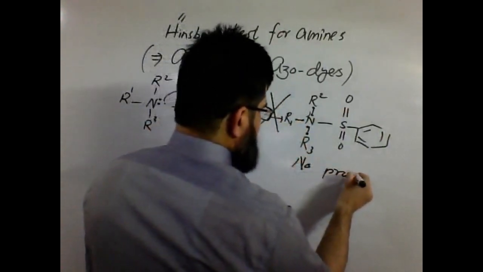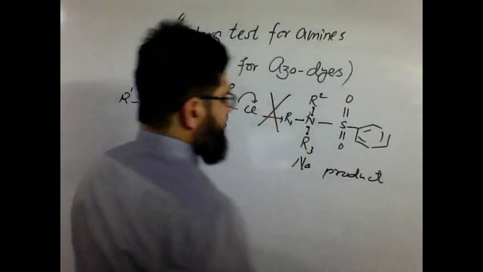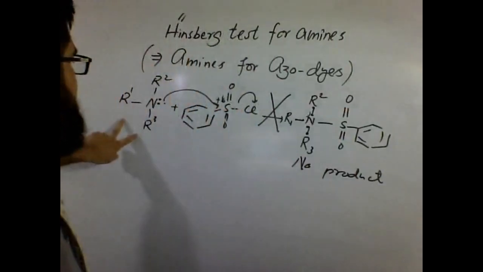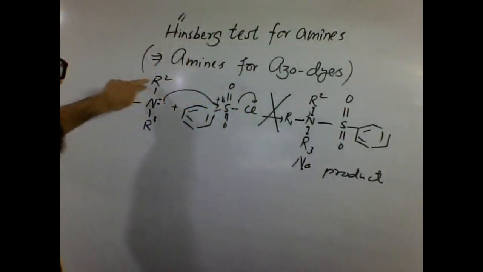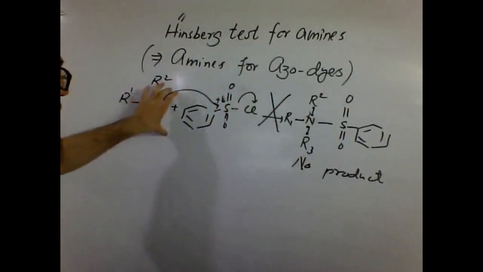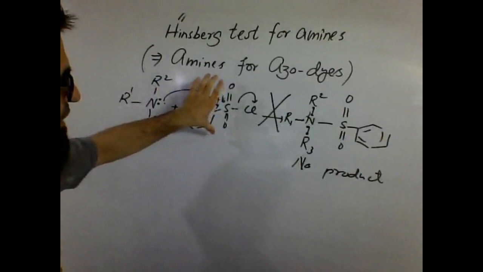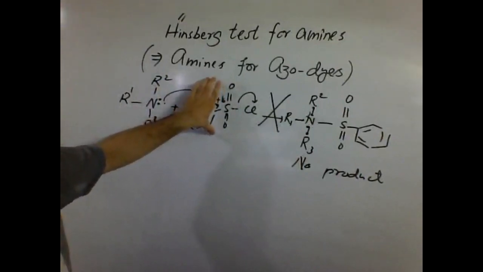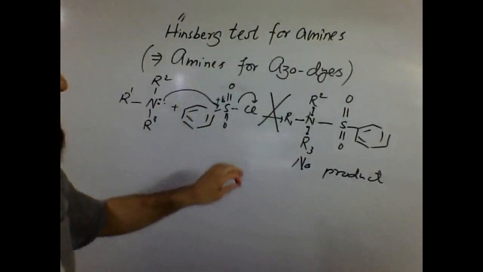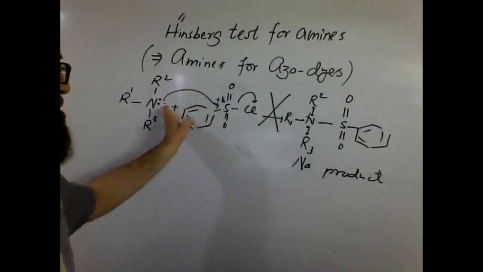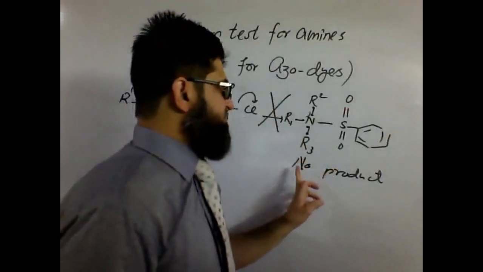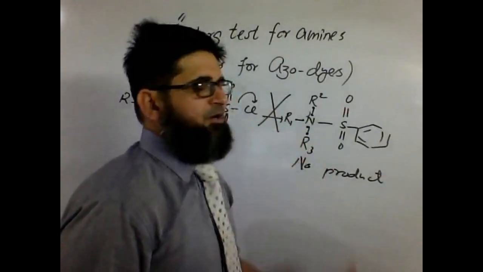No product. When your starting compound is some sort of a tertiary amine, meaning all are alkyl substituents, they will not be able to undergo a nucleophilic substitution reaction with Hinsberg reagent. They will not be able to expel the chloro out. They won't be able to produce this sort of sulfonamide product.